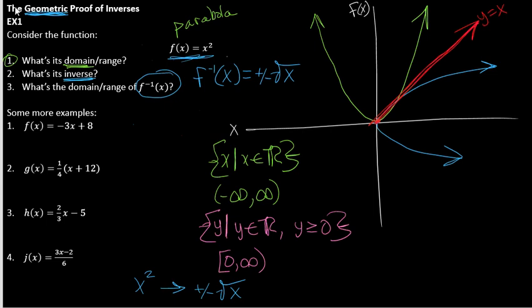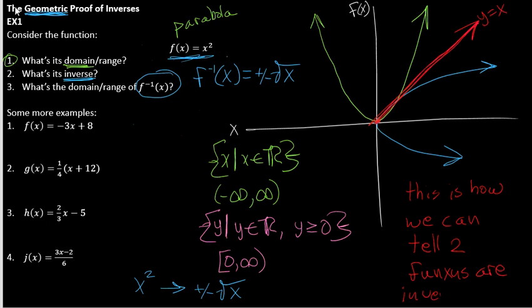This is how we can tell two functions are in fact inverses. If a symmetry exists about y equals x, then the two functions are inverses.